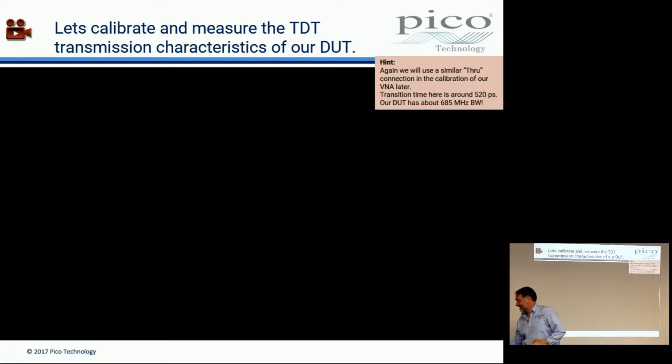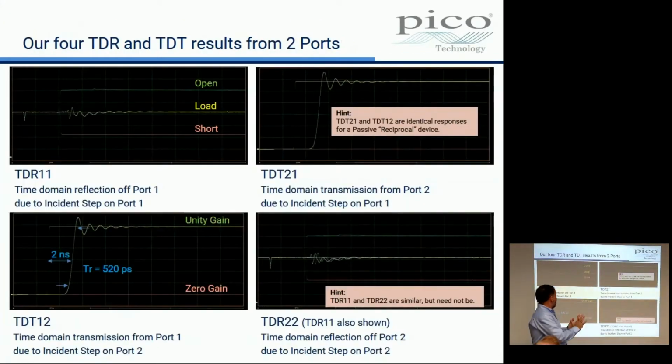Right. Next. So I'm going to put those up like this as 4 separate measurements that we just made. We did 2 calibrations and we made 4 separate measurements. TDR11, the response coming back off the input as a result of a signal on the input, is that one. TDR21 is the response on port 2 as a result of a step on port 1.